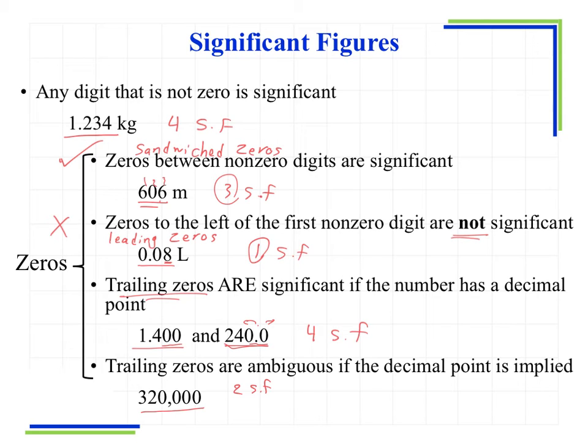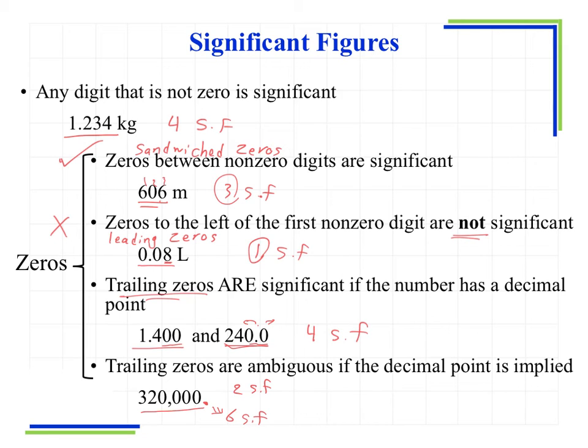Maybe the measurement was true to the third sig fig. Maybe it was true to the last 0, like 6 sig figs. So if you want to write this with 6 sig figs, we can put a decimal point at the end, and that makes these zeros significant figures, so we can count them. In this case, that would be 6 sig figs.